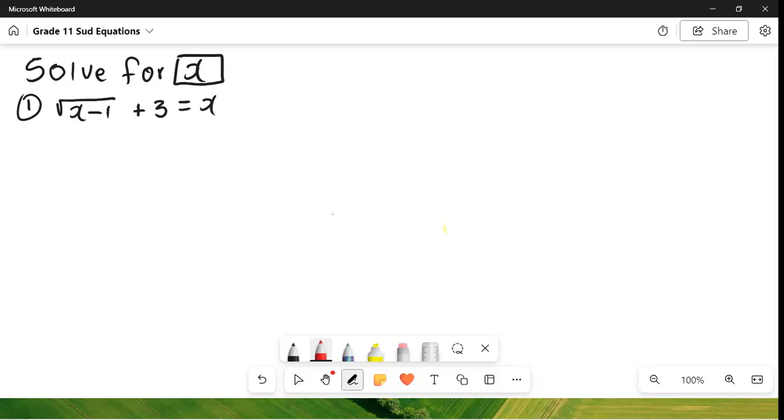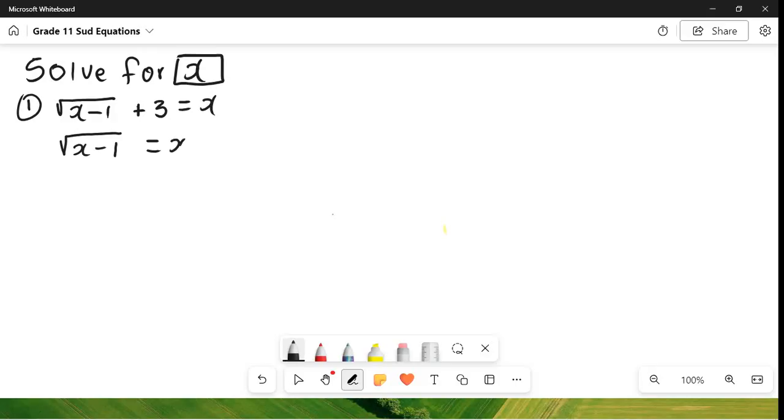So now let us look at how best we can solve this one. Firstly, the first thing that we need to do is to transpose. Let us transpose the 3 to the other side and leave the square root of x minus 1 on one side.